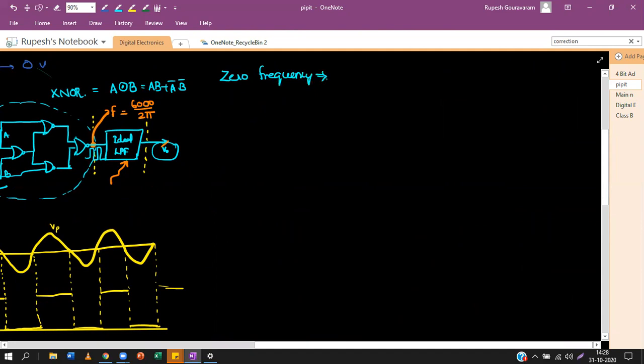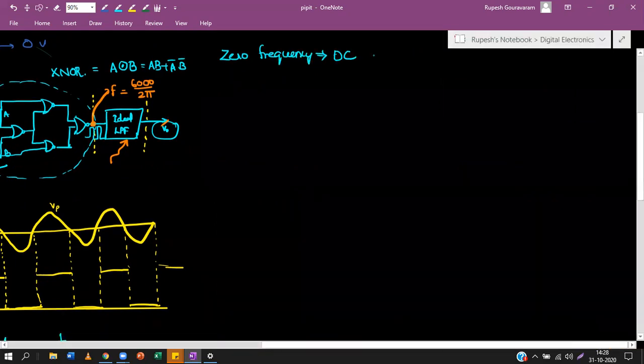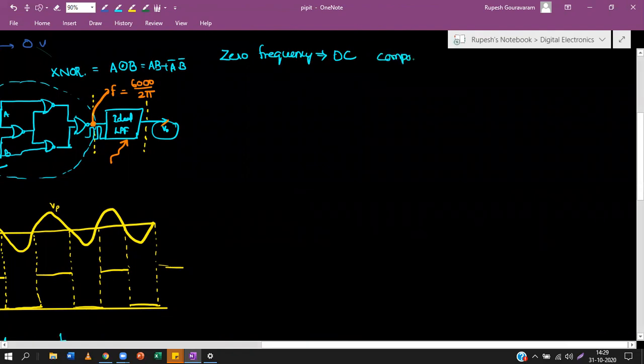The zero frequency value is nothing but the DC component, which is equal to the average value of the signal. Here the signal is like this.